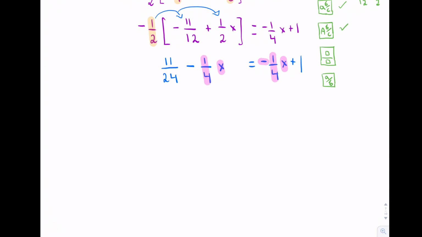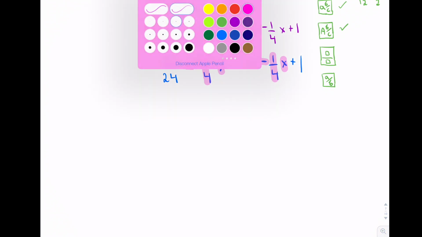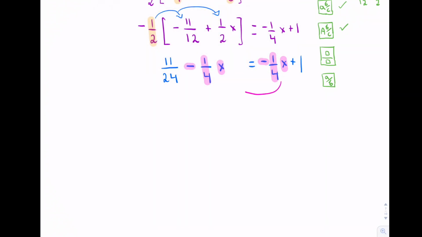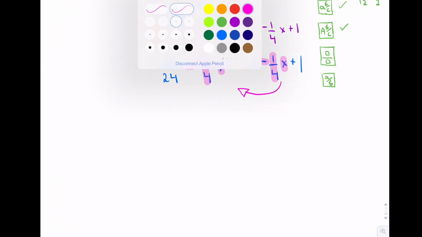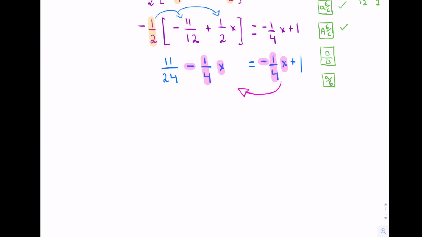I'll bring this to the left-hand side, and then my term 11 over 24, I'll bring on the right-hand side. This will allow me to group the like terms together, so the ones with the unknown, and then just the numbers on the right-hand side.